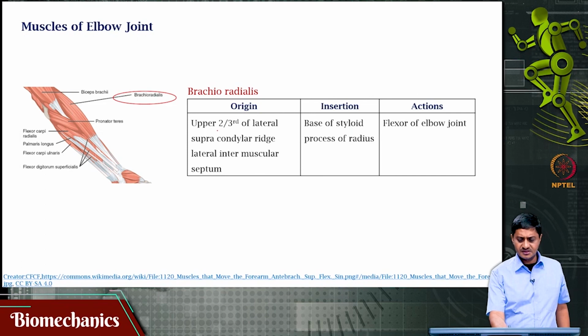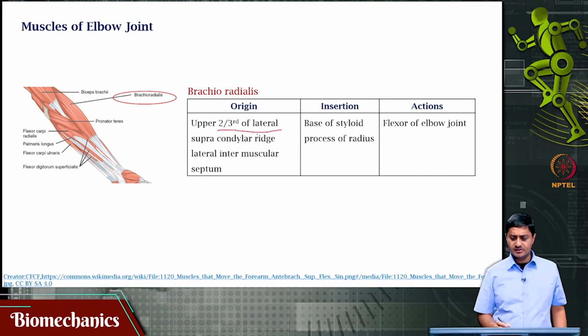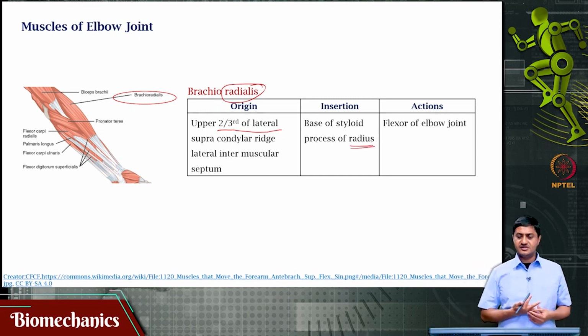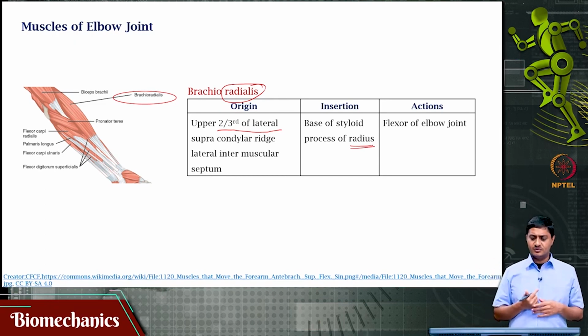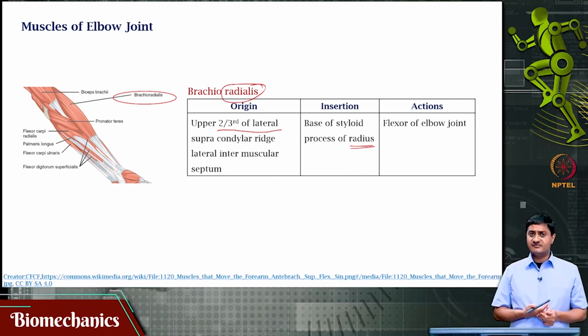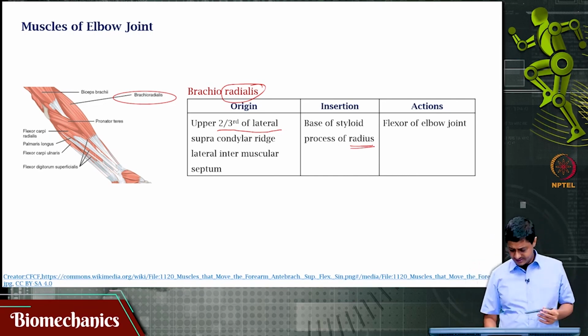It has its origin in the upper two-third of the lateral supracondylar ridge. And remember, from the name I can guess that it is attaching to the radius, right? The base of the styloid process of the radius, responsible for flexion of the elbow joint. So, there are indeed 3 flexors of the elbow joint, right.